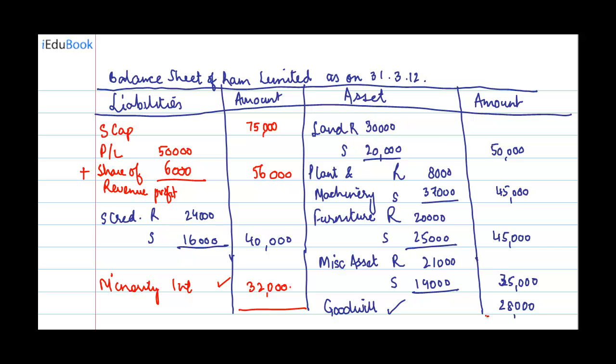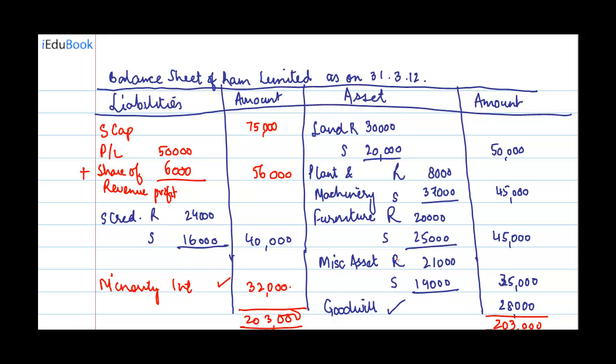Okay. So let's do the total of these two. 50 plus 45, 95, 140, 175, 195, 203. Again, 2 and 6, 8 and 5, 13, 3, 1 carry, 8, 5, 13 and 7, 20. So we are done with the balance sheet.